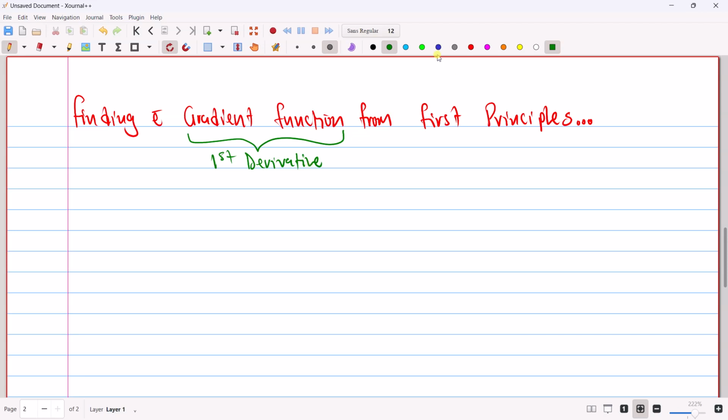So already we have stated in our previous lesson that finding a derivative or the gradient function from first principles simply means finding the derivative from this limit definition.